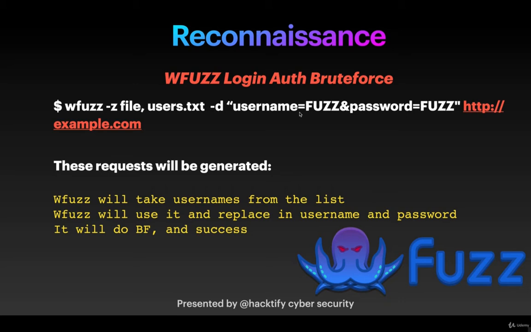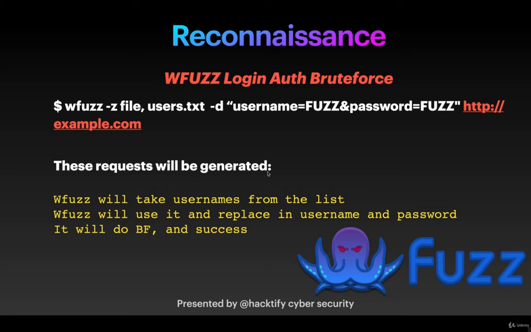I'm going to show you how you can get this request from your browser, wherein we are going to fuzz the username and the password. The input is going to be taken from the users.txt file and replaced at both places. And then finally our target, which is example.com.